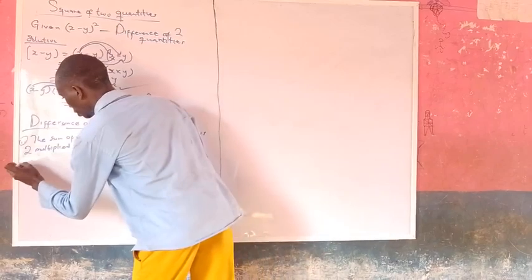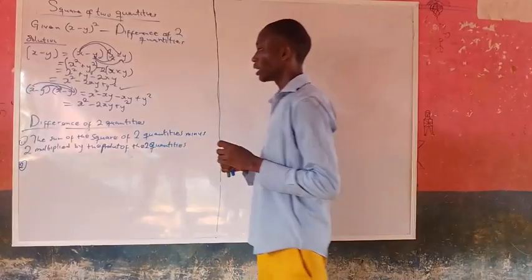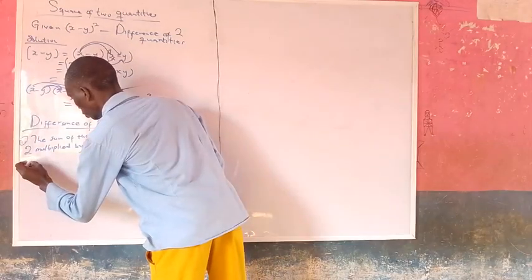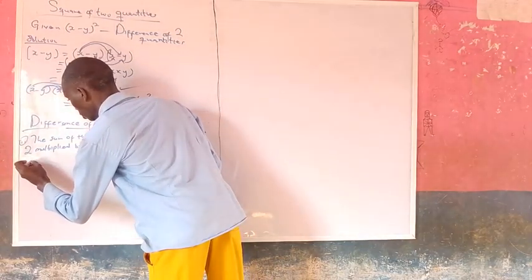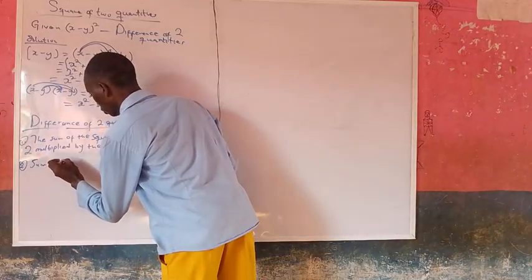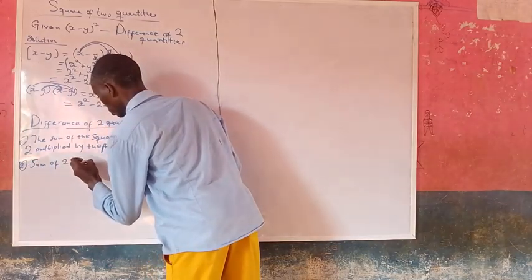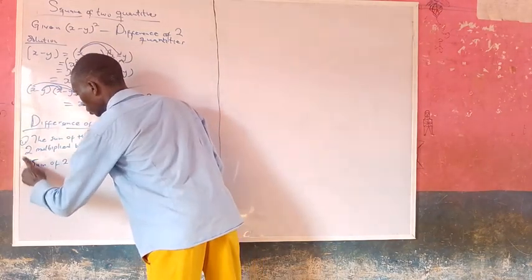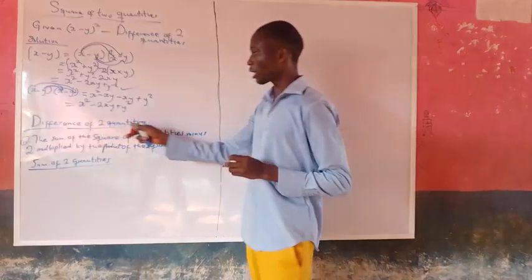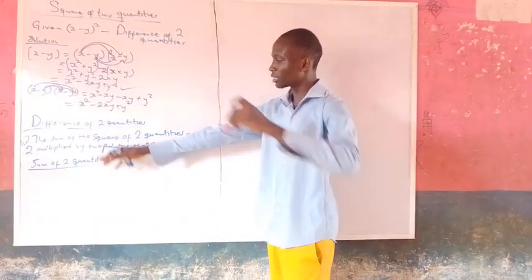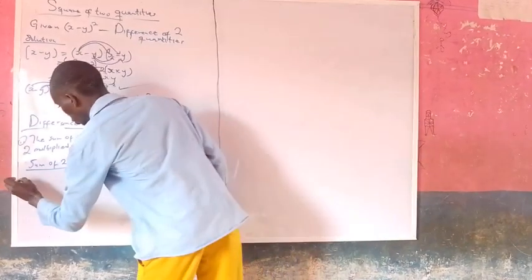Alright, let's also check if you are having addition, or let me say sum of two quantities now. You can see these are what I follow whenever I'm having the difference of two quantities. But if I'm having the sum of two quantities, this is what you are going to do.